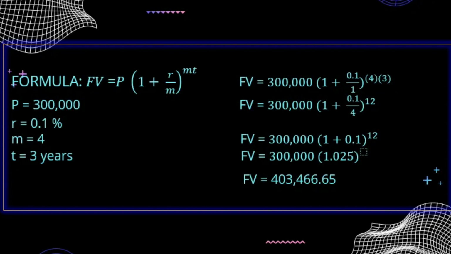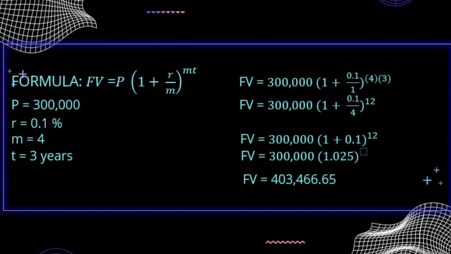For our principal amount, we have 300,000. For our rate, we have 0.1%. And for the number of interest periods in a year, we have 4, since it says there, quarterly. And for our term of loan, we have 3 years.